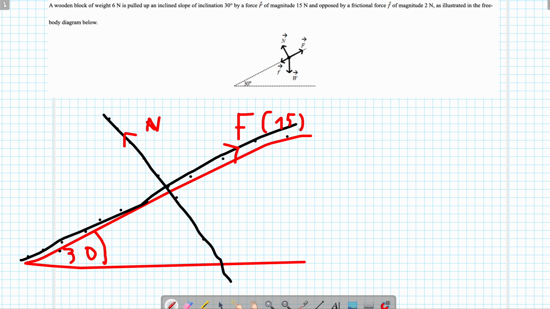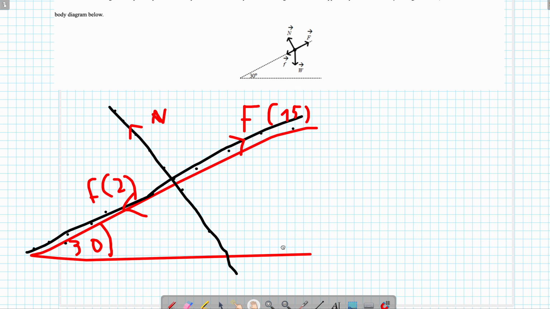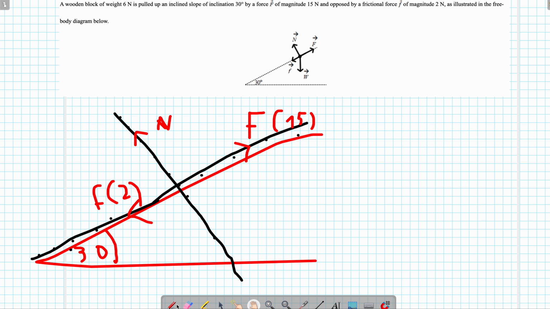We have friction opposing the motion, which is 2 newtons. And then straight down is the weight, which is 6 newtons. Now look, we cannot deal with angled forces like that.